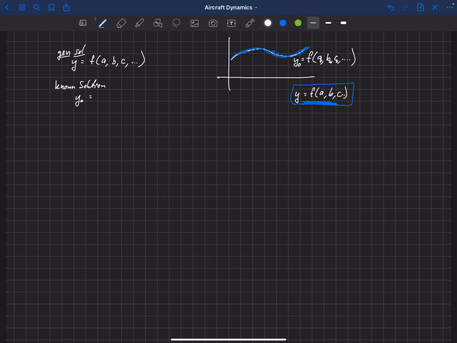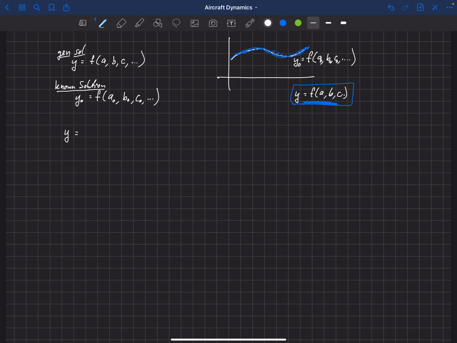So we know the solution at one set of these parameters, which we're going to call a naught, b naught, c naught, and so those are our known. That's our known solution. And now we can say the general solution, y, can be estimated from a Taylor series expansion about the known solution.